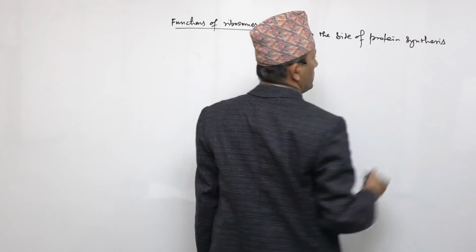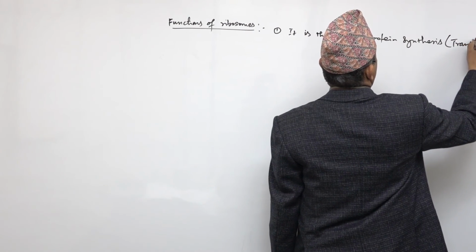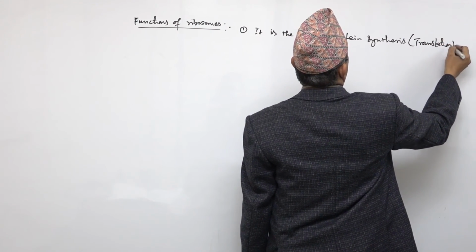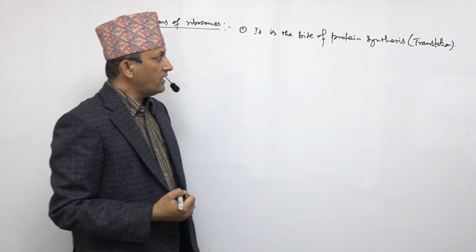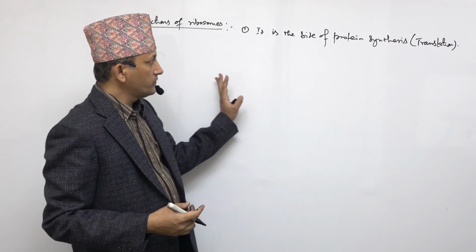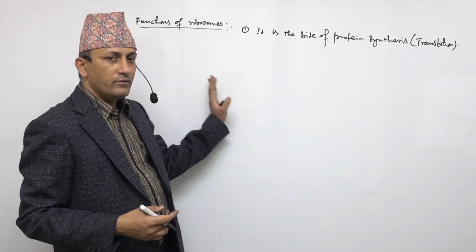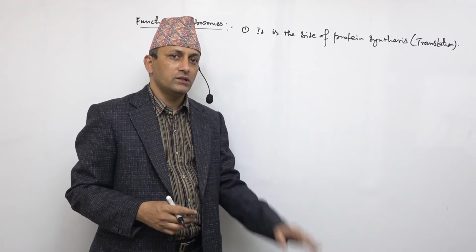The process of protein synthesis is also called translation. Protein बन्ने प्रोसेसलाई ट्रान्सलेसन भन्छ. जस्तै कि राइबोसोमले प्रोटिन बनाउँछ भनेको होइन, हामीले यहाँनिर झुकिनु हुँदैन. So it is not that the ribosome makes protein. Ribosome is the place where the protein synthesis occurs.